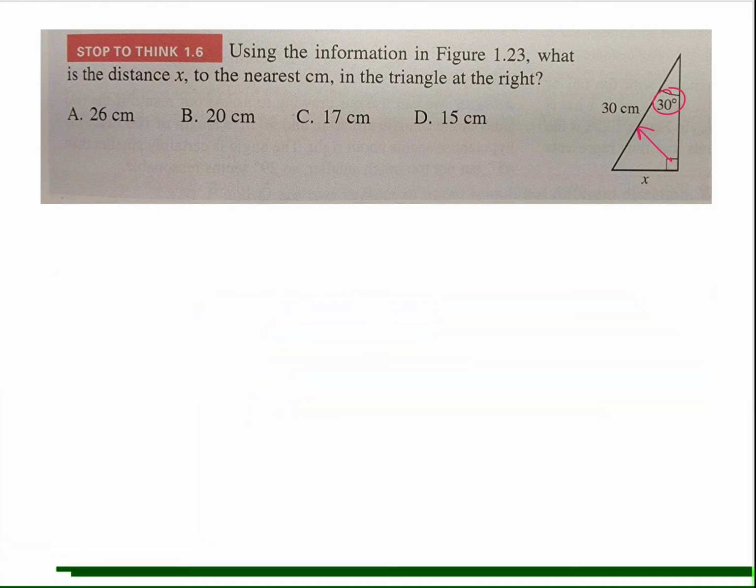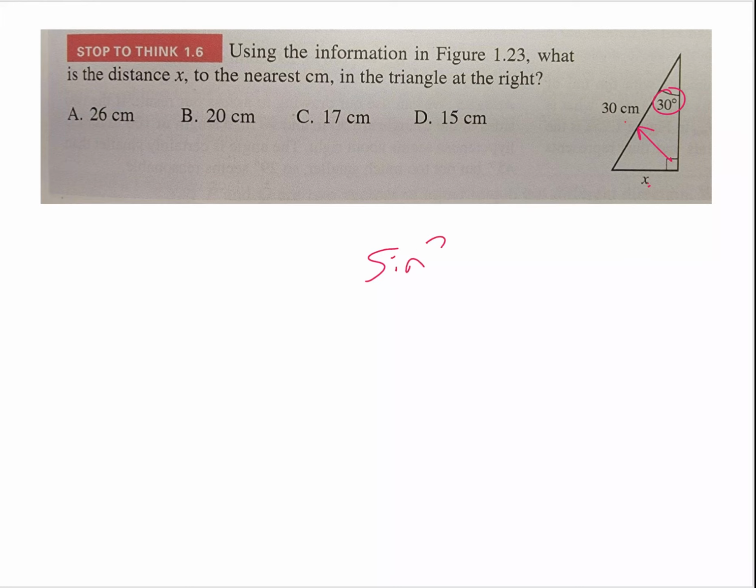We're looking for the opposite side, and we have the hypotenuse, so O over H. So we need sine. Sine theta, which is 30 degrees, equals the opposite side, which is x, over 30 centimeters, because that's the hypotenuse.